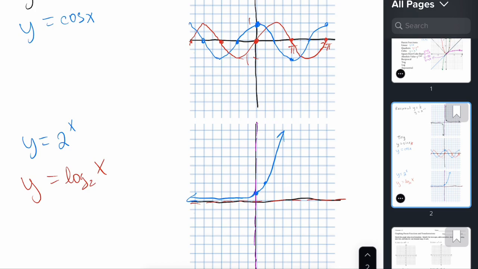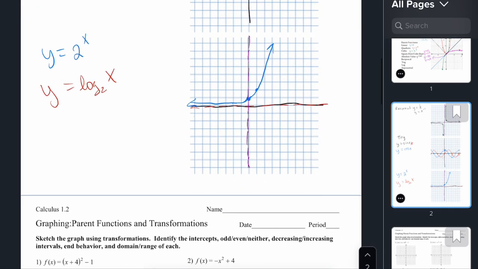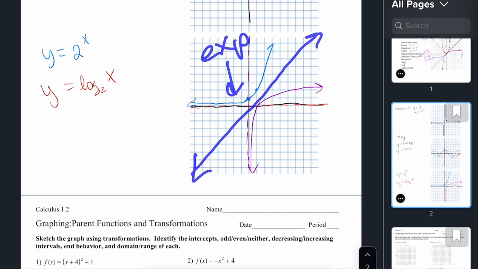So it's the same graph kind of laid on its side. Now it has a tail that goes down here, hits the point 1, 0, and then shoots out. So you can see that it's like folded across this line. This one is the exponential, and that one is the log.